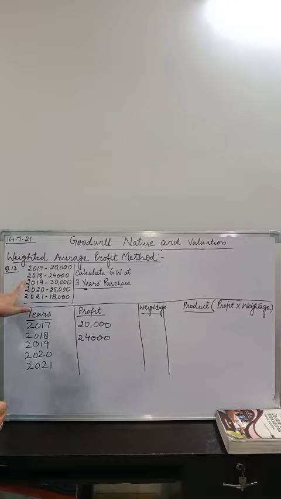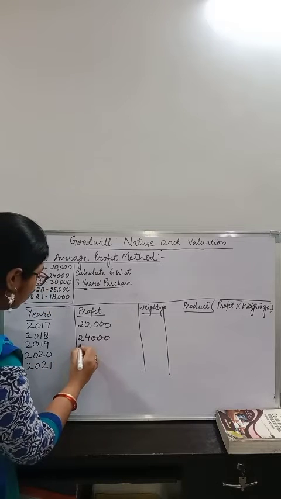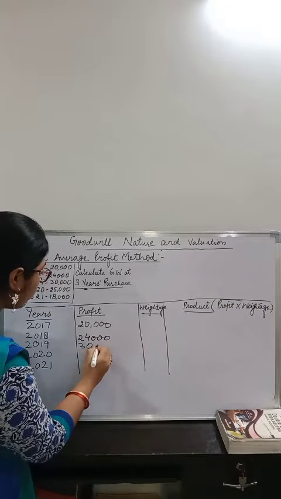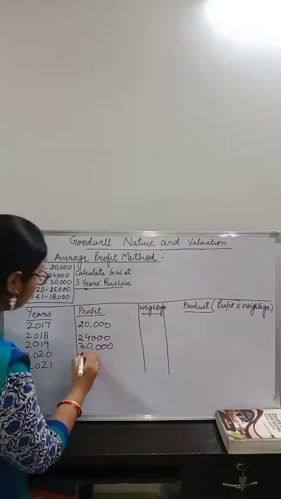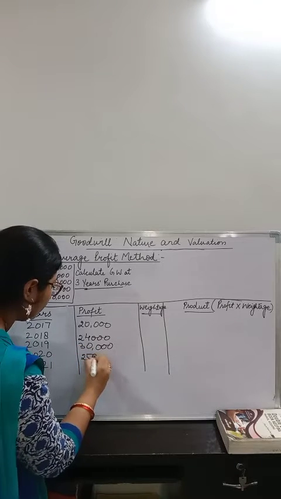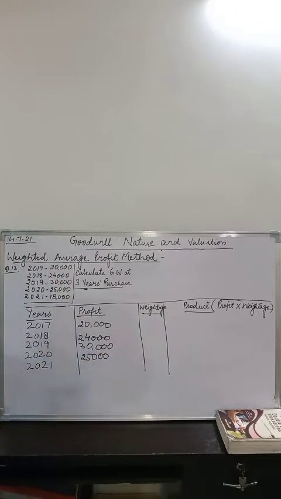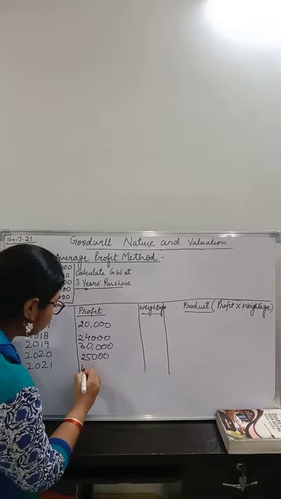In 2019 the profit of the same firm was 30,000. In the fourth year, that is 2020, the profit was 25,000, and in the fifth year, which is the latest year 2021, closing 2021 means March 2021, it is 18,000.